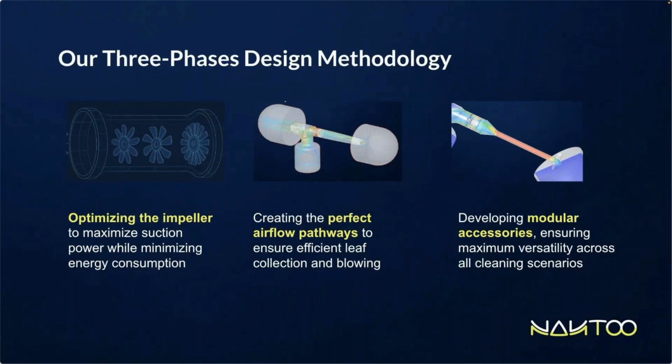Of course, the design phase of the machine needed to be split into several parts. It was impossible to design the machine all of a sudden. So we decided to start with the first step of a 3 phases design methodology, which was about optimizing the impeller.